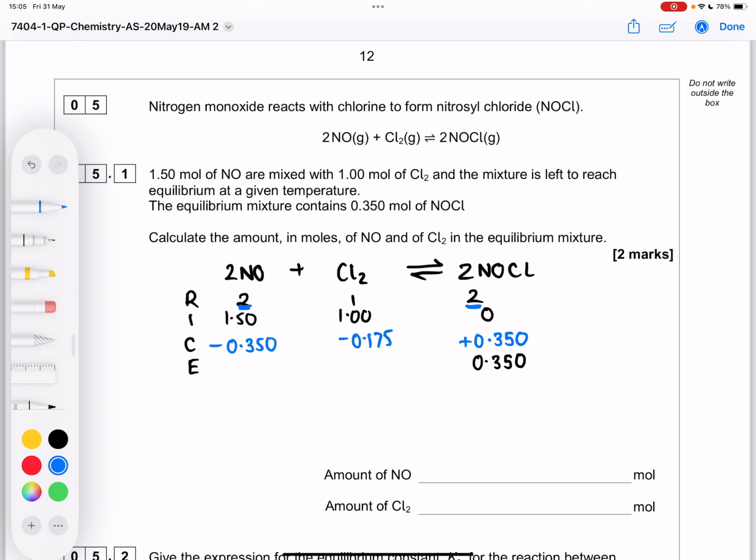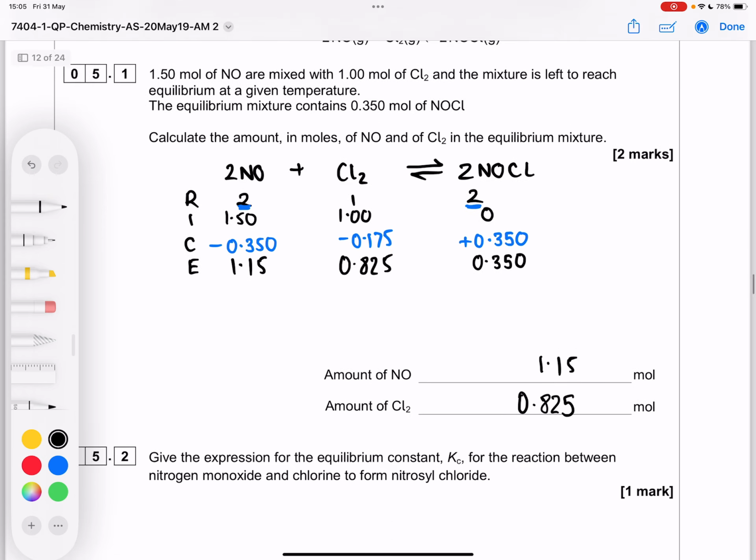So if we apply those changes to the initial amounts, we get 1.15 NO and 0.825, if we've typed those on our calculator, moles of chlorine.